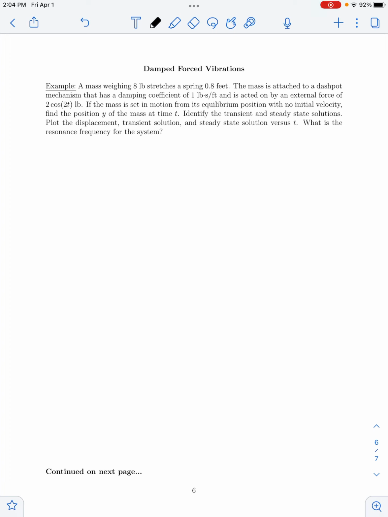So as with any of these mass spring problems, the first thing that we need to decide on is a unit of measurement for our displacement. And reading through the problem, several of our units were given in terms of feet, so let's stick with that unit. I'll say, let us measure our displacement in feet.